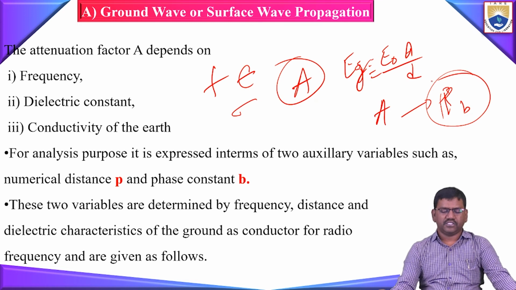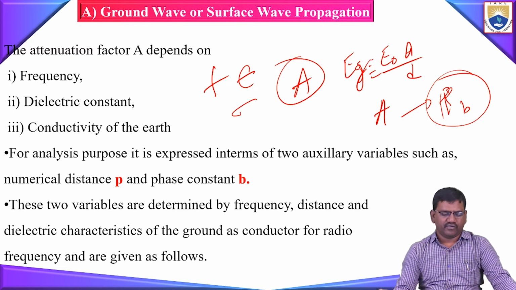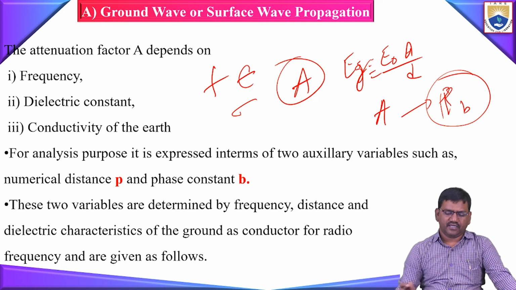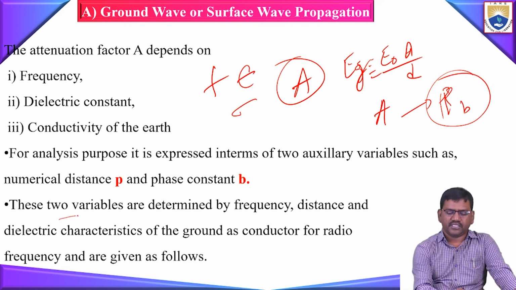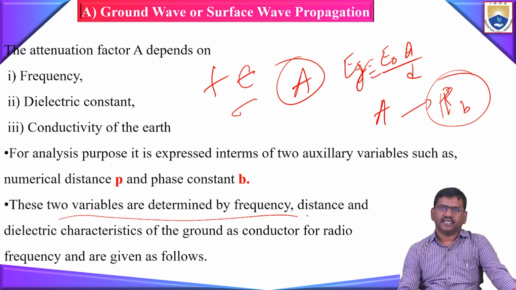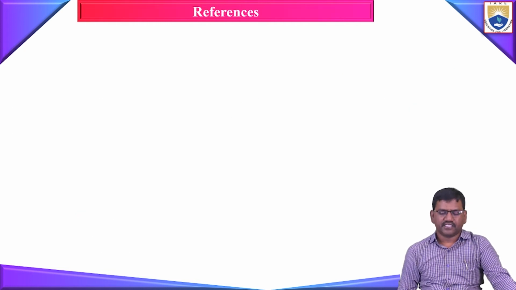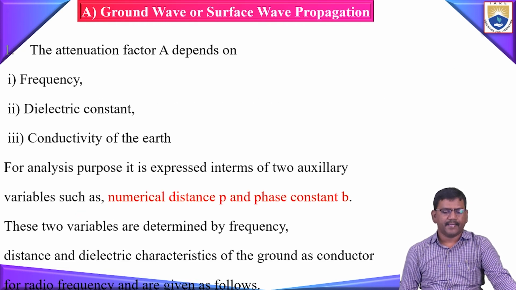These two variables are determined by the frequency, distance and the conductivity of the Earth, and are given as follows.